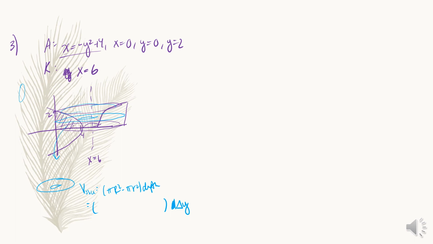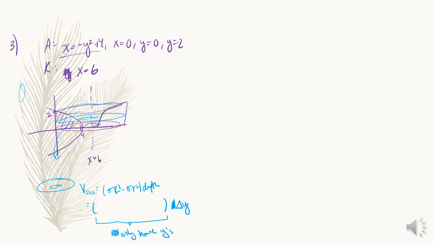So slicing horizontally means you're going to have everything in terms of y, which also means that this can only have y's in the equation. Before we only had x's because we had a delta x, but now we can only have y's. All right, so my big radius minus my small radius.